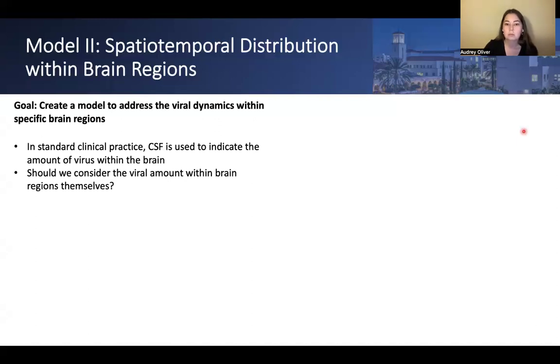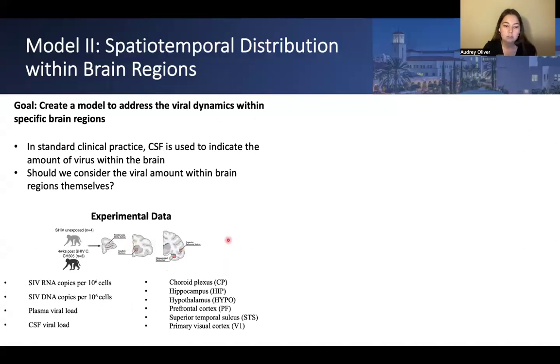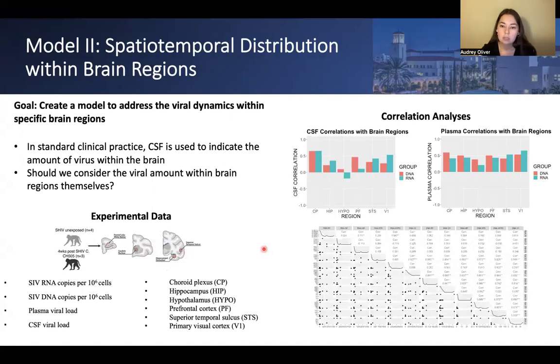And so in collaboration with the IR lab at UC Davis, they ran an experiment on some monkeys, and they obtained various measurements of plasma viral load, CSF, as well as the viral amount within specific regions of the brain. And with that data, we then did a few different correlation analyses where we ultimately determined that we should be looking not only at plasma and CSF, because those are important, but the viral amount within regions themselves. And then we determined what regions specifically were important to look at.